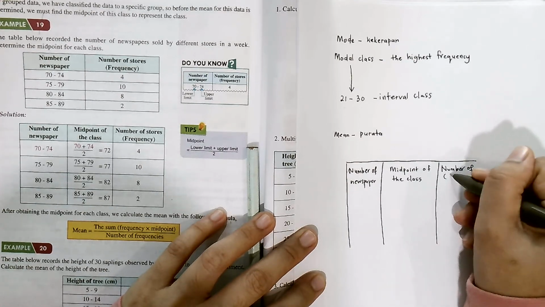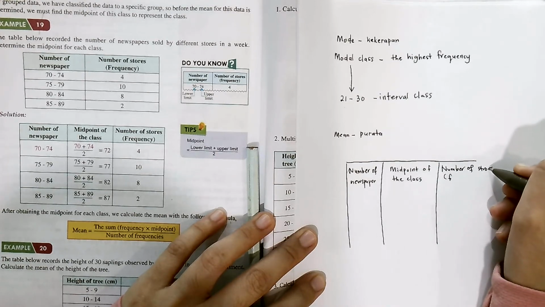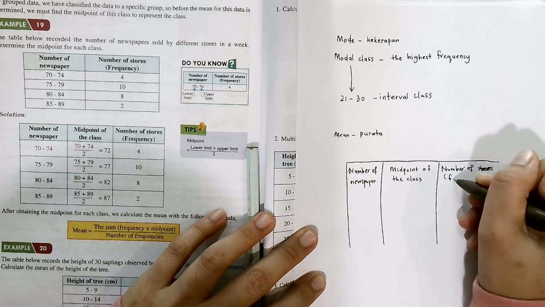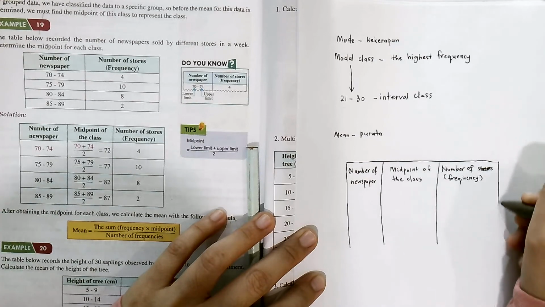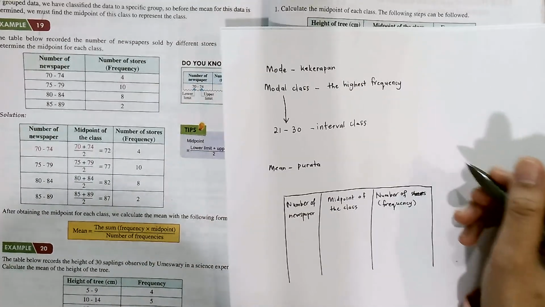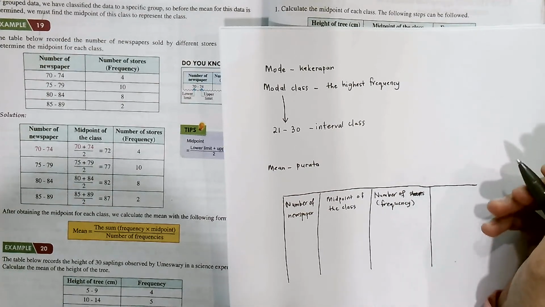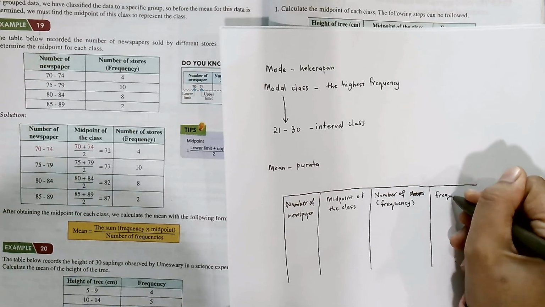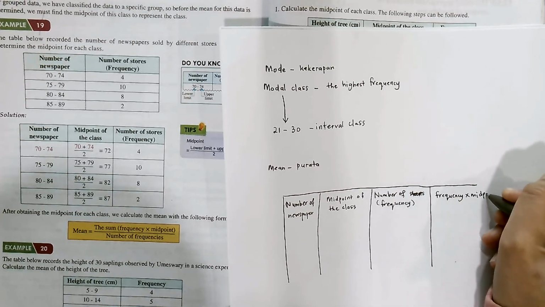Number of stores. Frequency. So, untuk cari mean, kita kena buat satu lagi kolom, iaitu frequency darab midpoint.